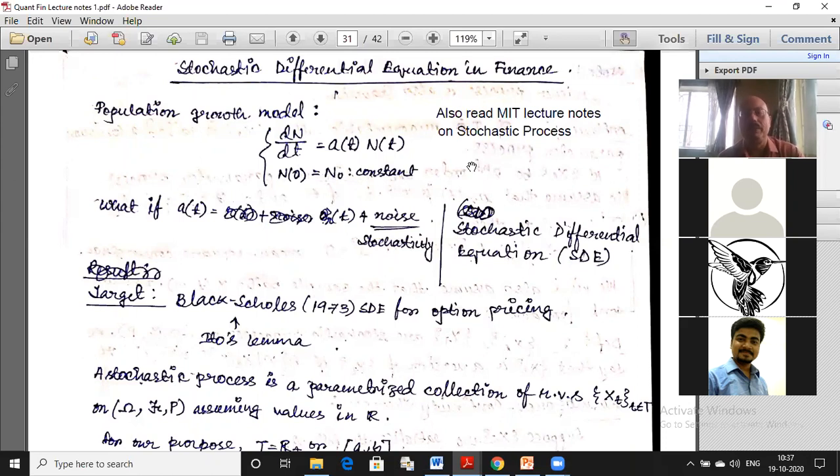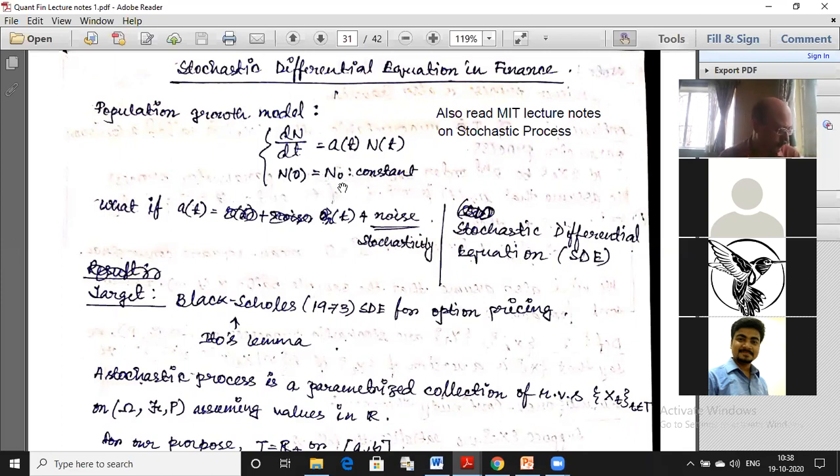There are various platforms where you have seen the population growth model, and a typical simple model is, if the population size is N(t) at time t, then the model is dN/dt is given by a(t) N(t), where a(t) is the growth rate. a(t) is called the growth rate, and our time zero value N(0) is assumed to be a constant.